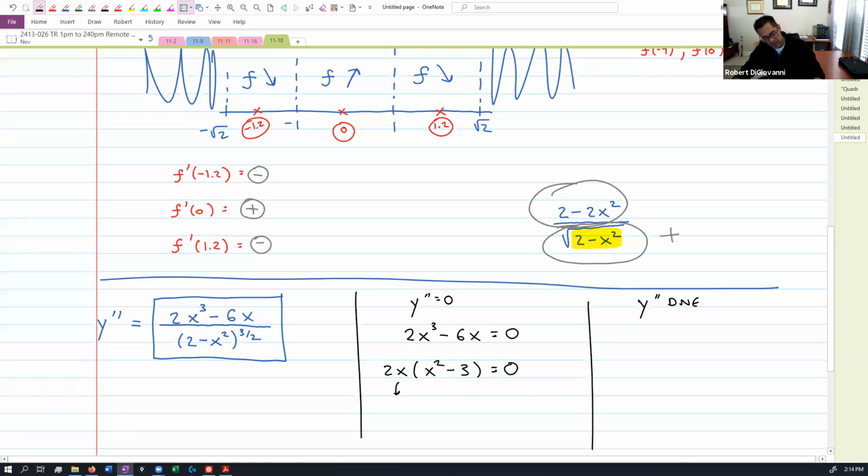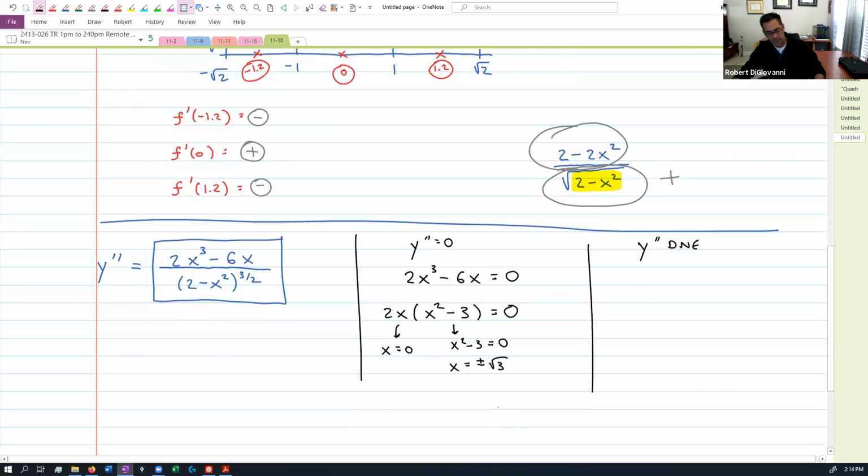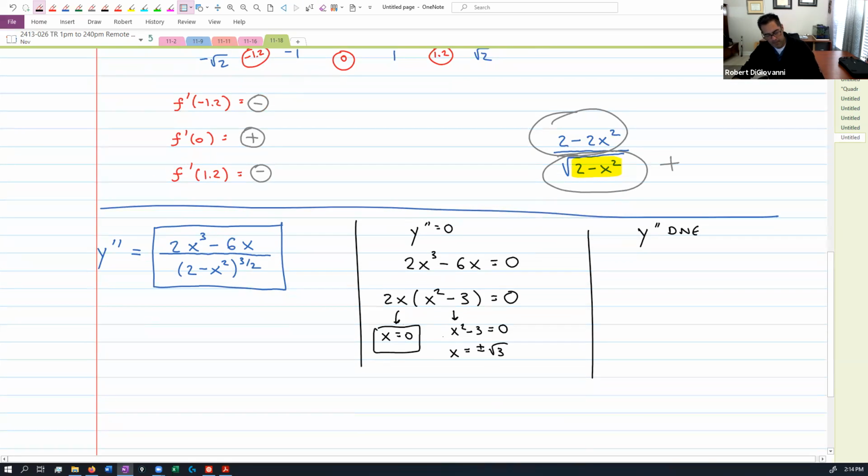We can set each of these equal to 0. We get 0. And then here, if we set that to 0, move the 3 over, we should get 2 answers, plus or minus root 3. Understand?